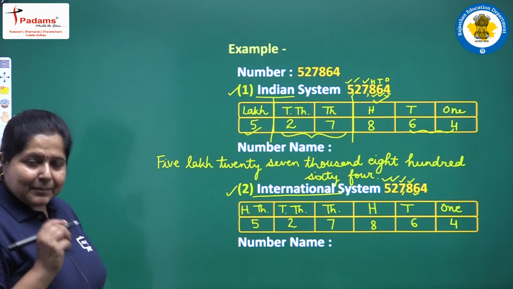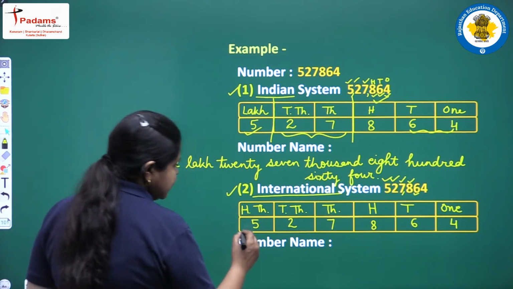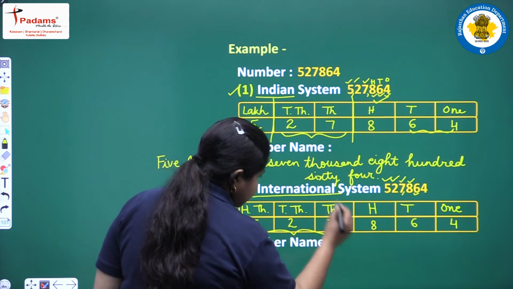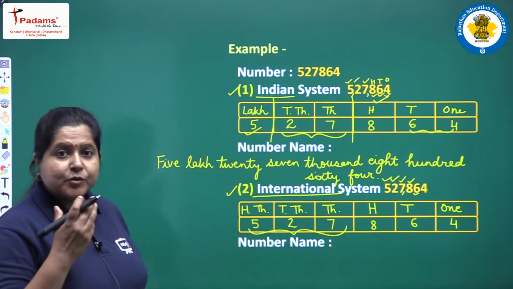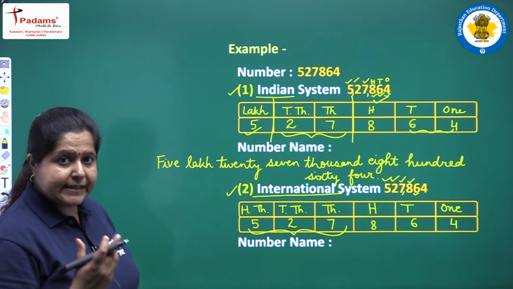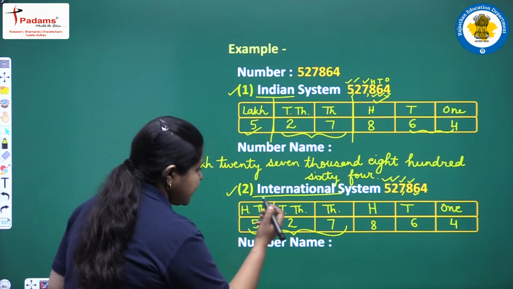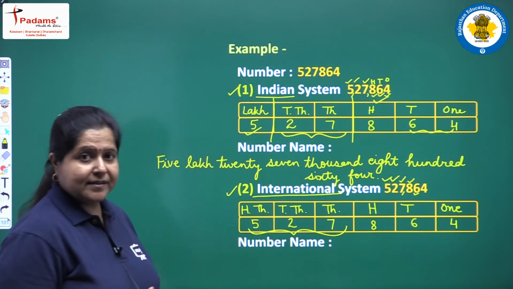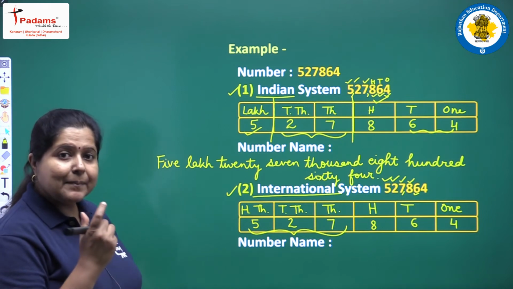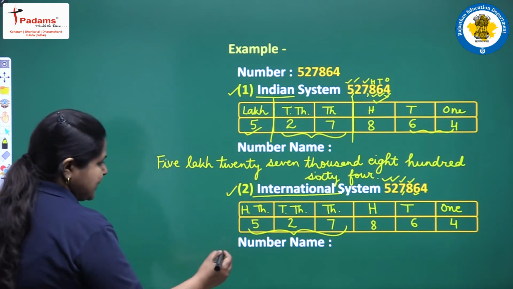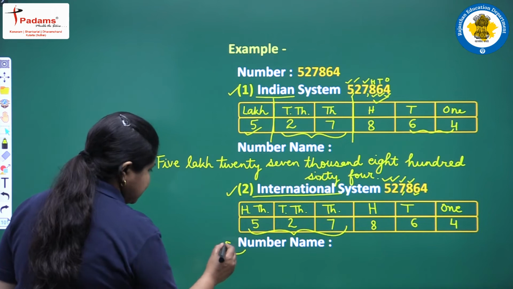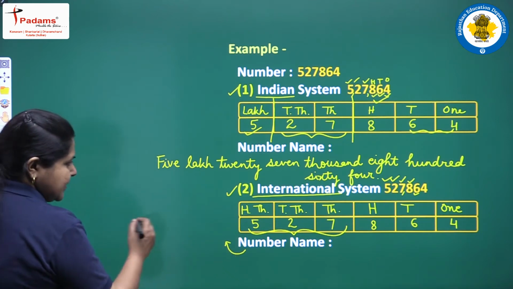Now we write the number name. Remember, this thousands family will be taken up together collectively. We will say it 527 thousands. The thousands will be taken up together. Let us write the number name according to international system. I am writing it here.